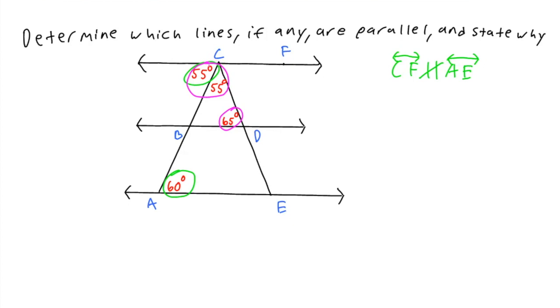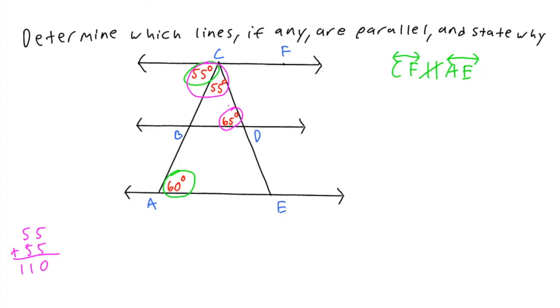So we've got 55 degrees and 55 degrees. 55 plus 55 gives us 110, and that's 65. These are on the same side of the transversal. They're both on the left side, and they're both in between these lines here.